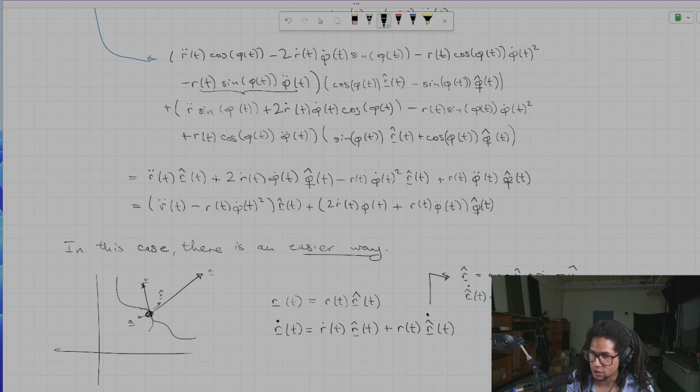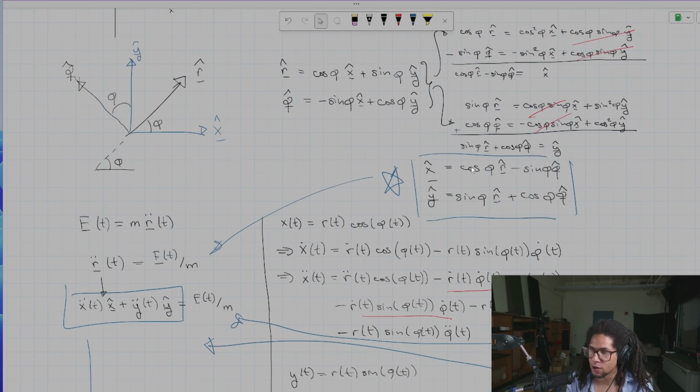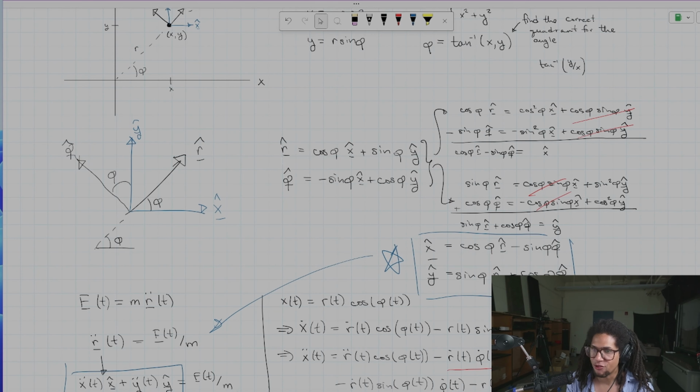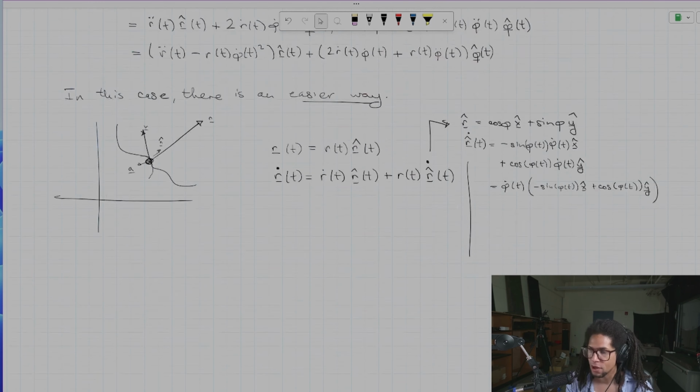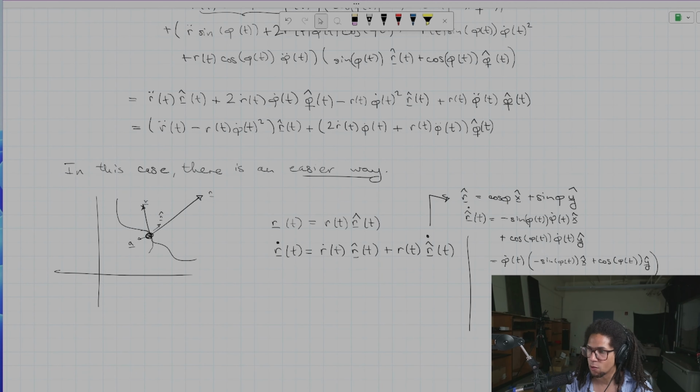Let's make sure that this calculation is not confused. Plus cos phi of t y hat. Excellent. Now I'm going to scroll right back up here and look at what my phi hat vector is. It's minus sine phi x hat plus cos phi y hat. Scroll back down here, and I notice, oh man, that's exactly what I have here.